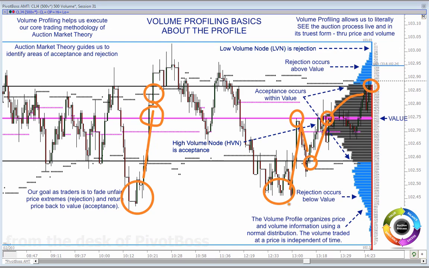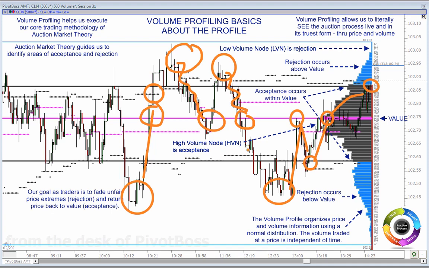That's our goal every single time. When price gets above value and all the bids become absorbed up here by larger passive sellers, price is going to return back to value. That's what the market is supposed to do.